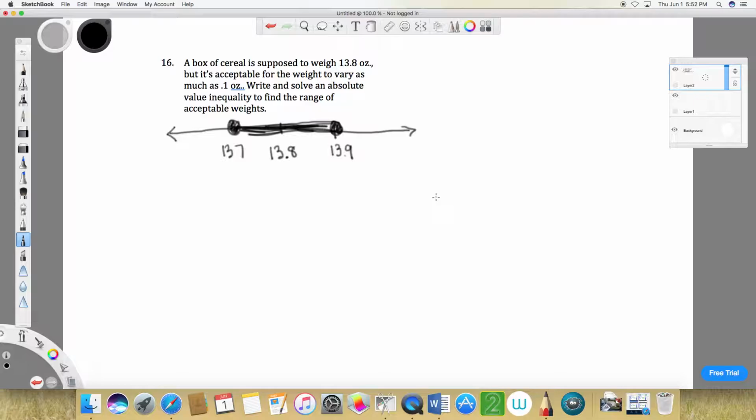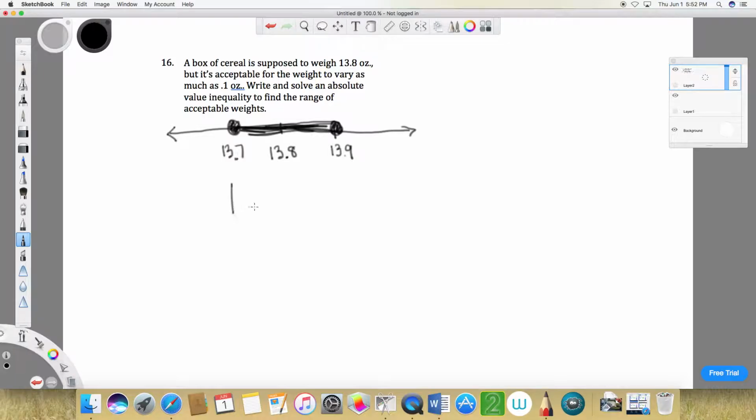So hey, that's my solution. When it said to solve, find the range of acceptable weights, I've actually found the range of acceptable weights without even setting up the absolute value equation. But it wants us to connect this together. And I think it's acceptable to work backwards like this to draw our solution set on a number line.